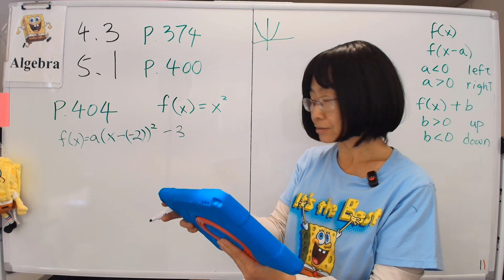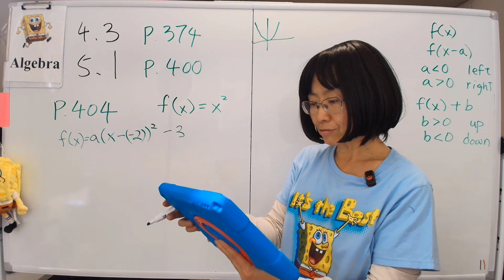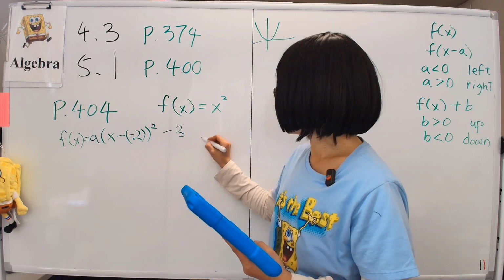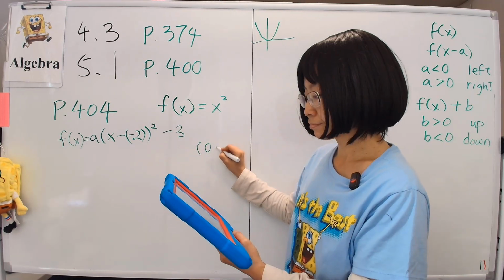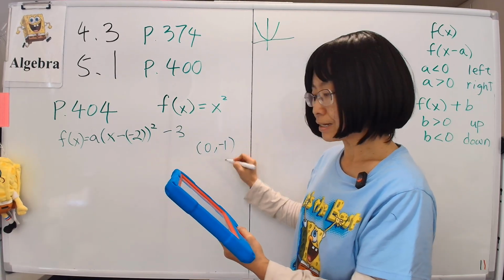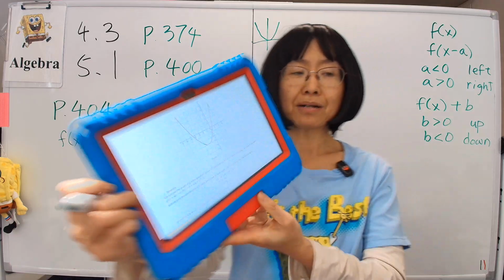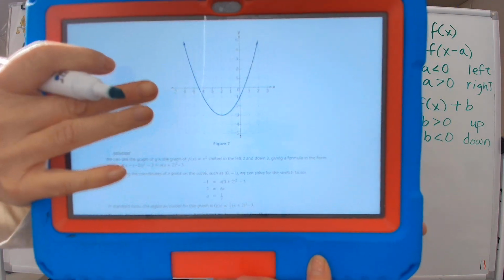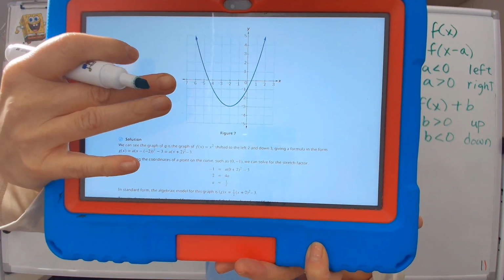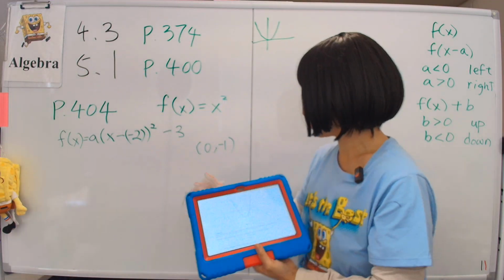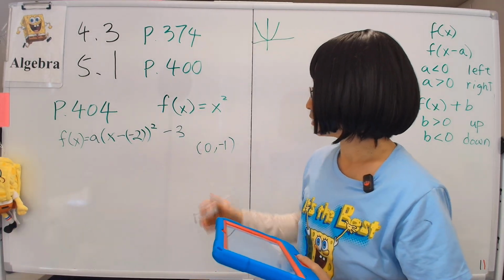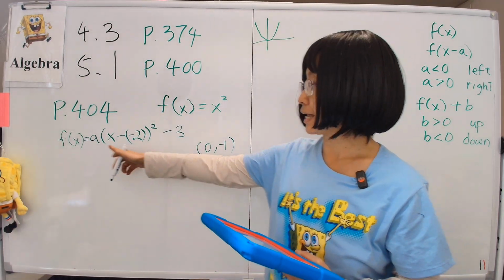What we're going to do in this case is pick the point 0, minus 1. The parabola crosses the y-axis at 0, minus 1, so it's one point on there. We just pick that point to calculate what a is, okay?